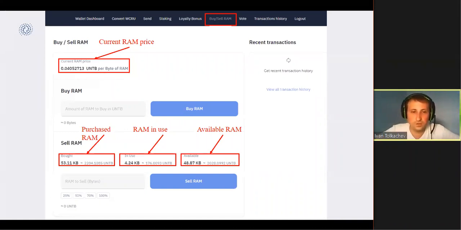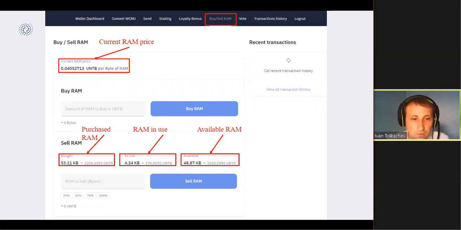It means that the price of RAM depends on whether the overall memory is already used in full or in part. At the top, you see the current RAM price with the use of 71% of its memory. So the price of RAM is 0.4 UNTB per byte of RAM.